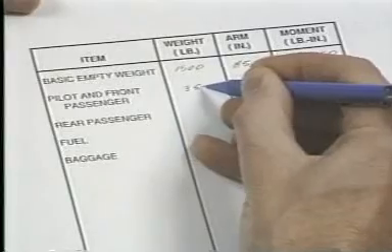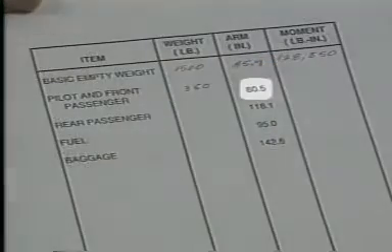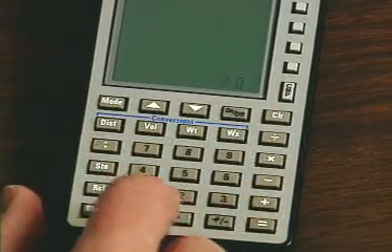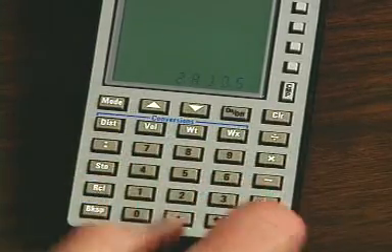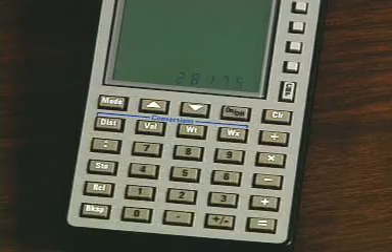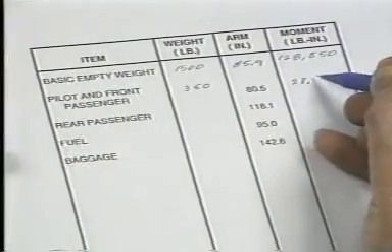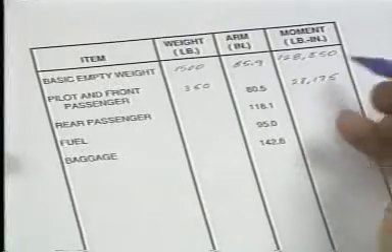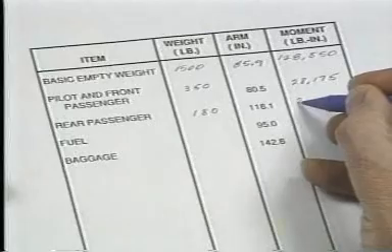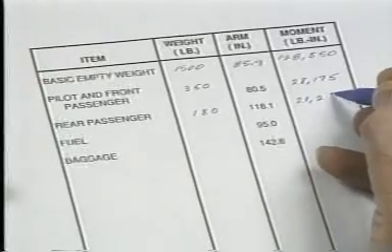Since the arm for the pilot and front seat passenger is 80.5 inches aft of datum, the moment is 28,175 pound-inches. The moment for the rear seat passenger is 21,258 pound-inches.